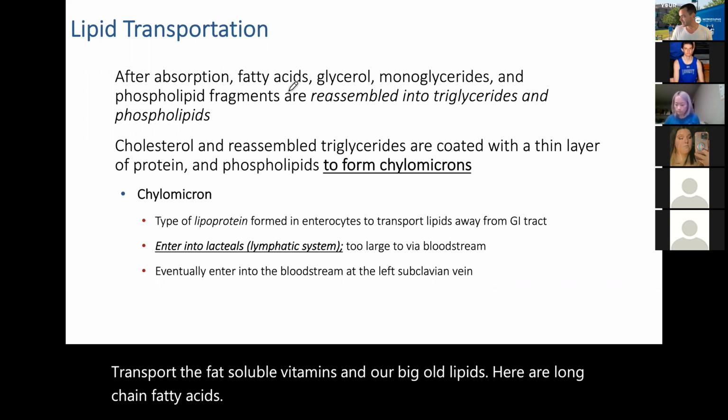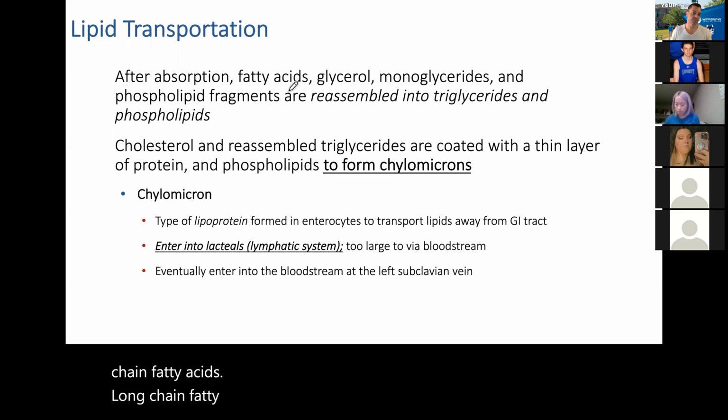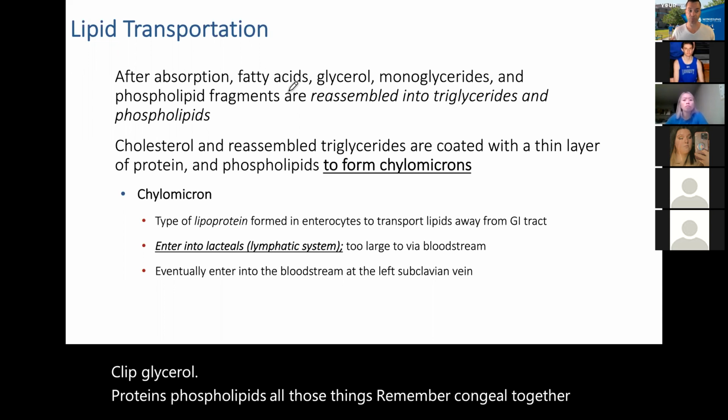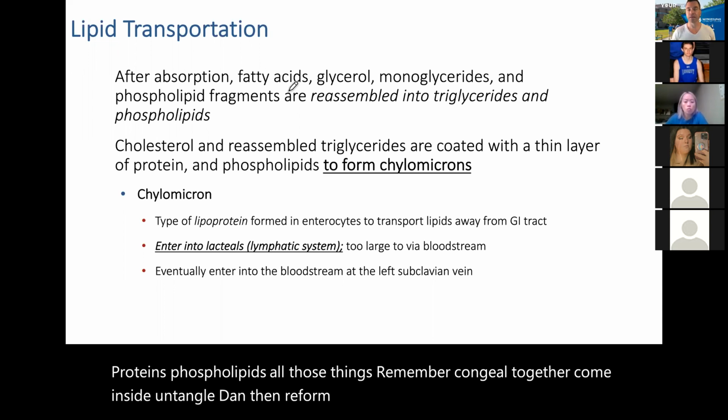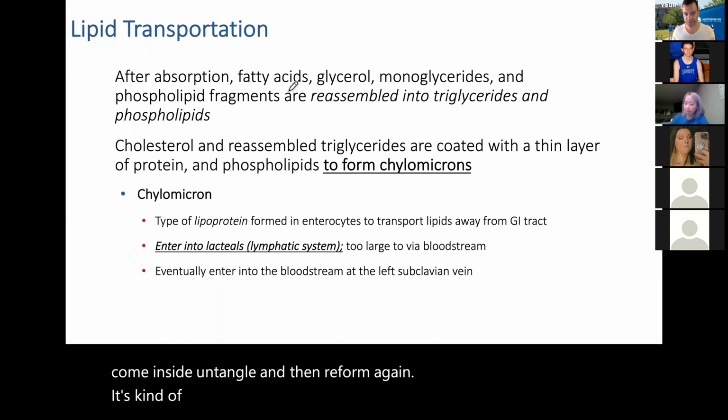Long chain fatty acids, glycerol, cholesterol, proteins, phospholipids, all those things, remember, congeal together, come inside, untangle, and then reform again. It's kind of interesting how this all happens.